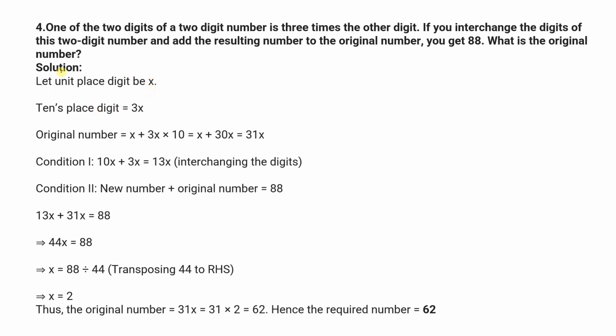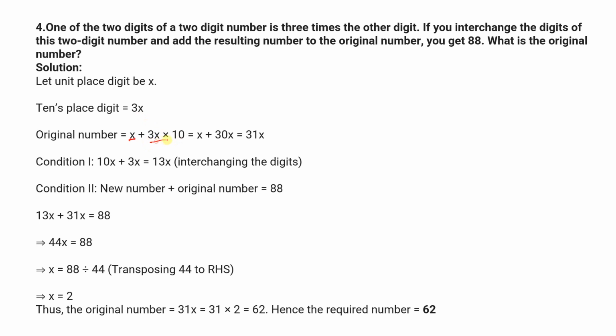Then the digit in the tens place would be 3 times that of x, that is 3x, since one of the two digits is 3 times the other digit. Therefore, what is the original number? This is the digit in the units place, x, plus 3x into 10, that is in the tens place.